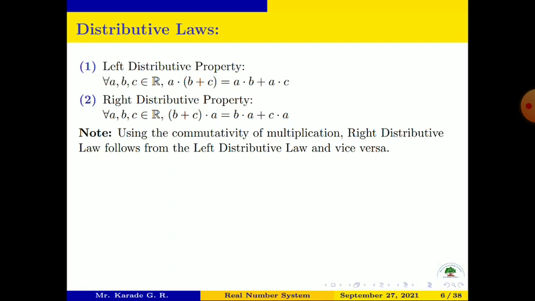Note that using the commutativity of multiplication, the right distributive law follows from the left distributive law and vice versa. This means from the left distributive law we can obtain the right distributive law by using the property of commutativity of multiplication.